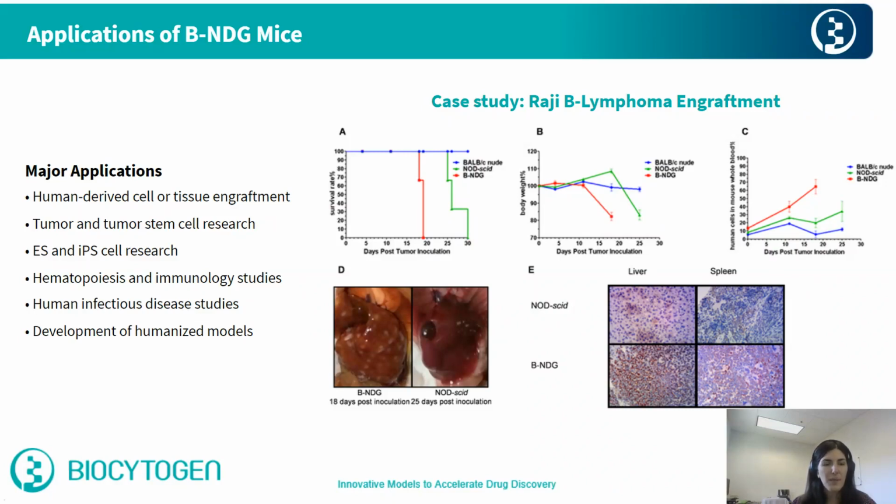So since our work at Biocytogen and Envigo is mainly focused on preclinical immuno-oncology studies, I will present applications of these models in the context of these types of analyses.